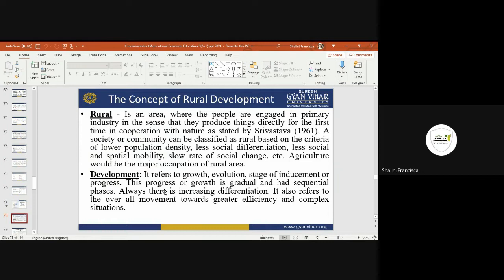So less social differences here means that if all the people in that village are from a higher caste, there is no disparity of higher or lower. And if all the villagers are working in cottage industry and earning money by themselves, then no disparity is there.